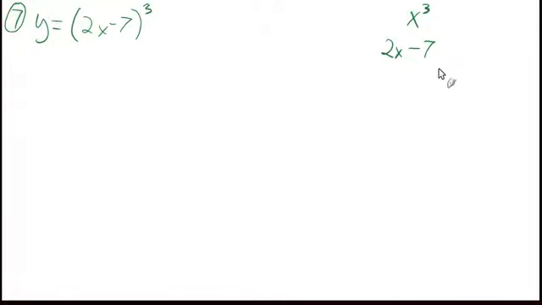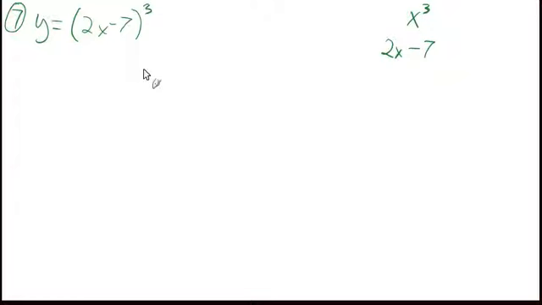But with a composition of functions, there is no rule until we learn the chain rule to take the derivative of it. Otherwise, maybe you could cube this out and then take the derivative of that polynomial, but that would take a long time. It would be really frustrating and needless because we have the chain rule.